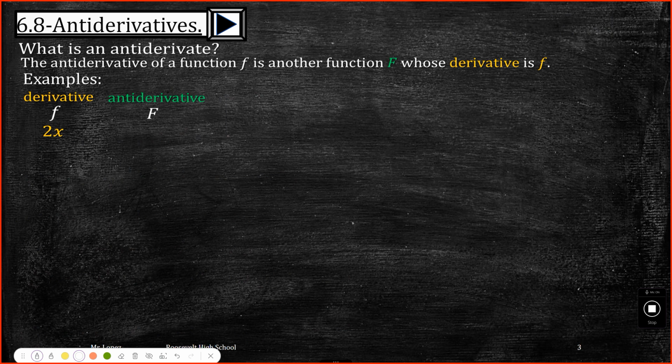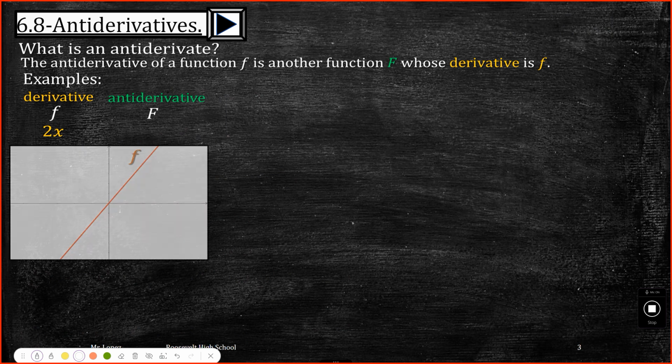So if the derivative is 2x, what's its antiderivative? Integrated, which is what? X squared. So if we got some function, this is the derivative f, it's 2x, which is up 2 over 1, and it's a line.